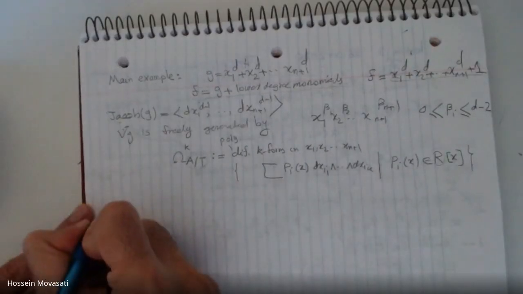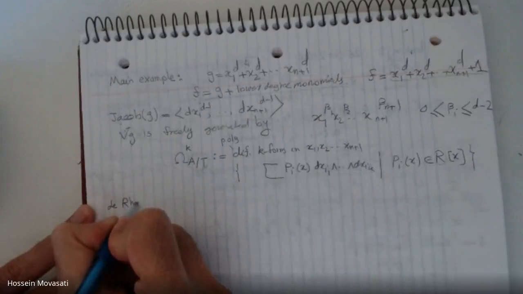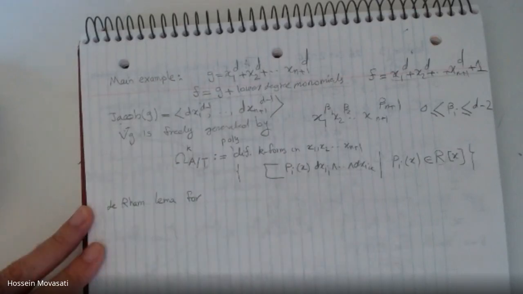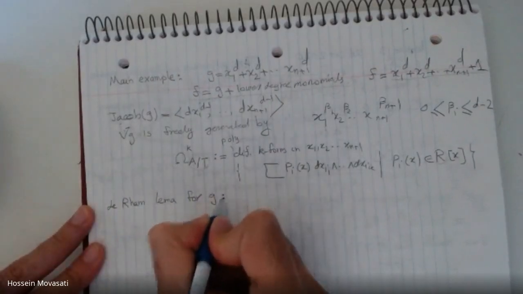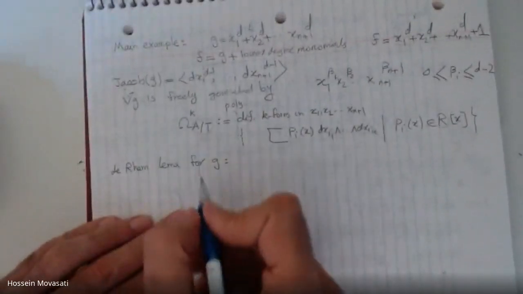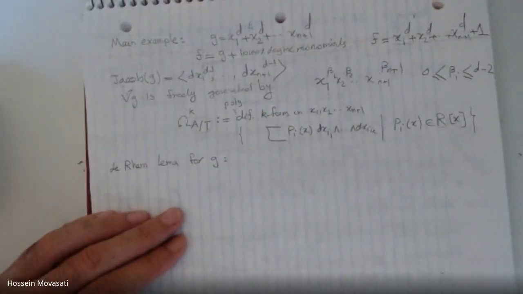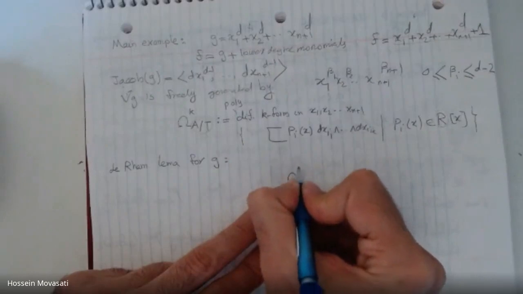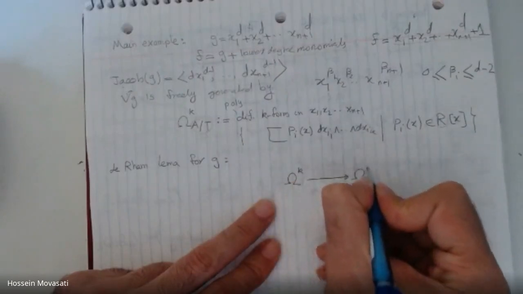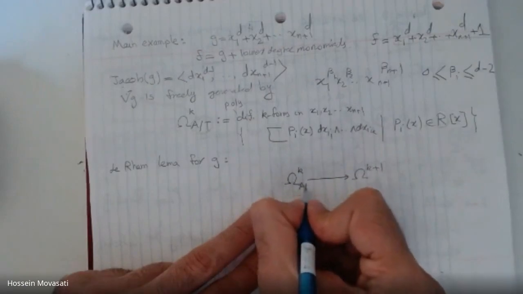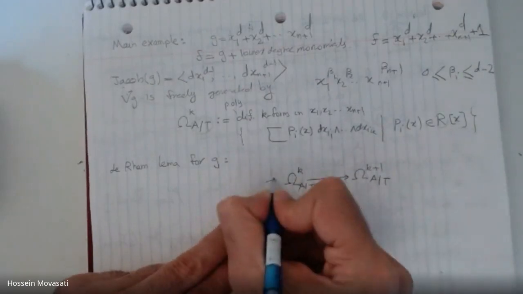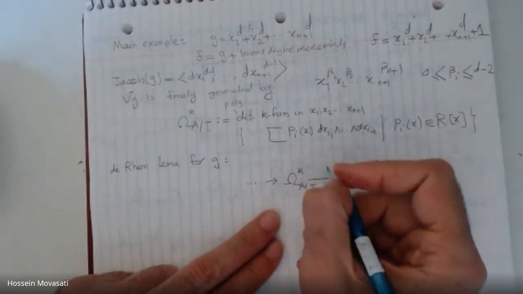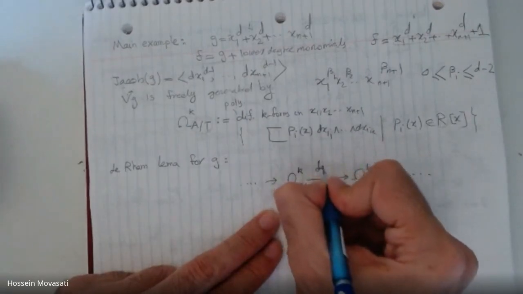Okay, so the de Rham lemma for G. This we will need. Let me write it: omega k maps to omega k plus 1, A over T, given by dg wedge.